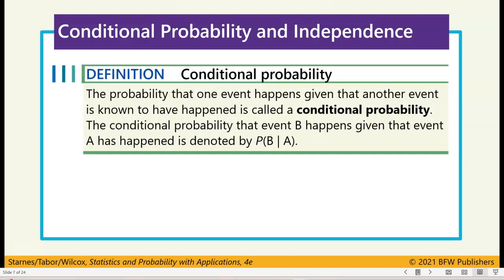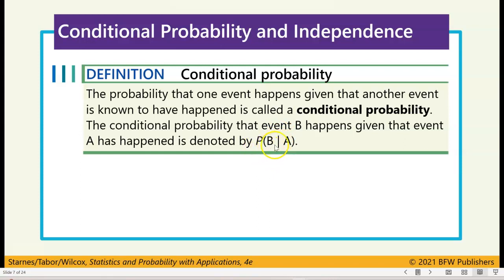So this is the definition of conditional probability. The probability that one event happens given that another event is known to have happened, has already occurred, is called conditional probability. And here's the notation: the probability of B given that A has occurred. The line between the B and A means given.